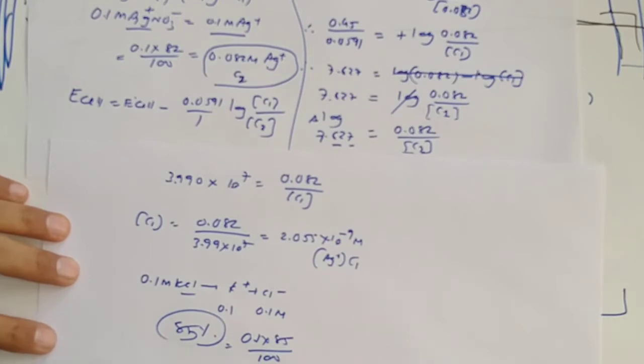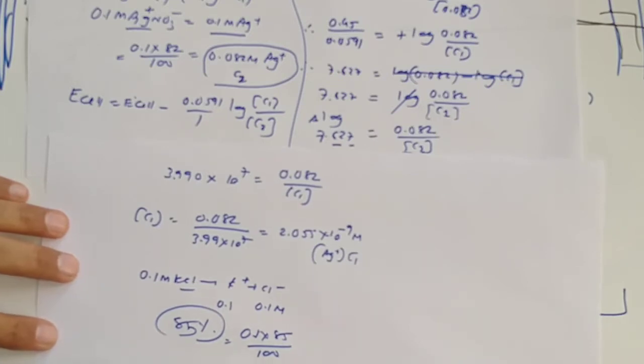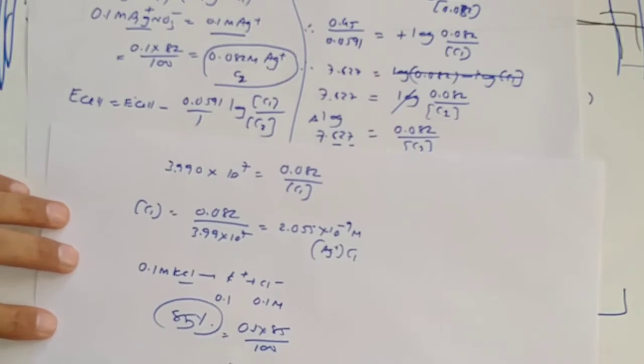Now Ksp is Ag plus into Cl minus. So Ag plus is 1.9 into 10 raised to minus 9 and Cl minus is 0.085, so 1.615 into 10 raised to minus 10 is our answer.